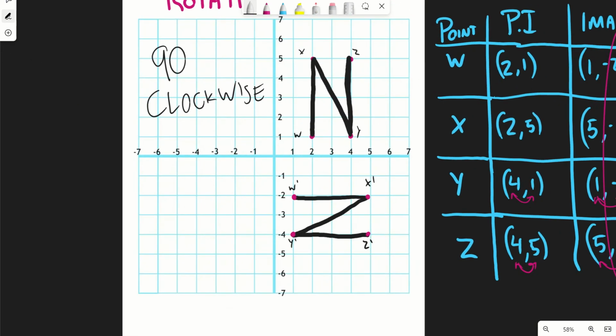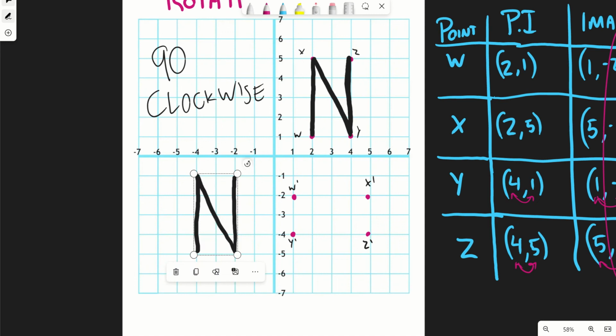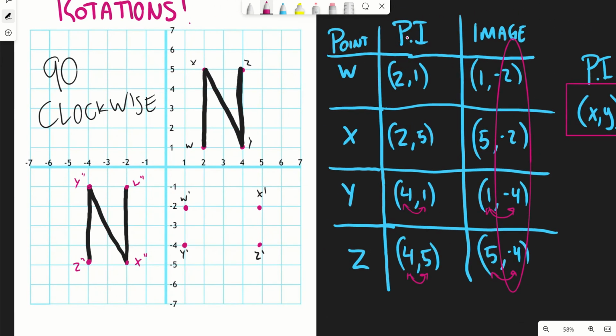If I were to take this shape and I were to say, all right, shape, I want to rotate you some more. I'm going to rotate you another turn clockwise. I'm going to rotate you one more time clockwise here. And this is now my W, X, Y, Z. Now I said, okay, well now what's my image at?